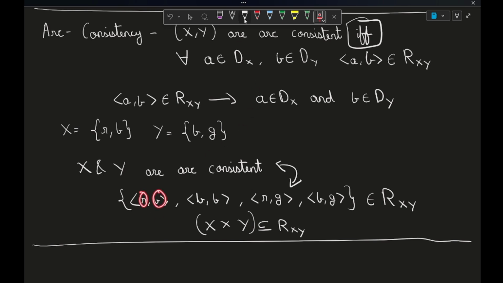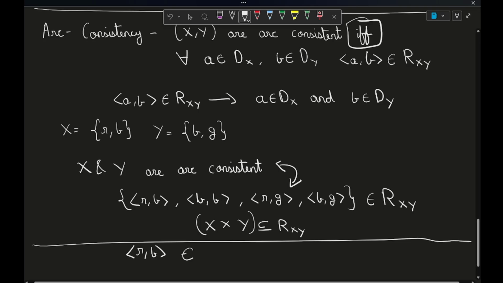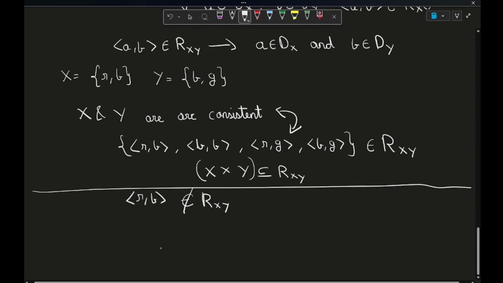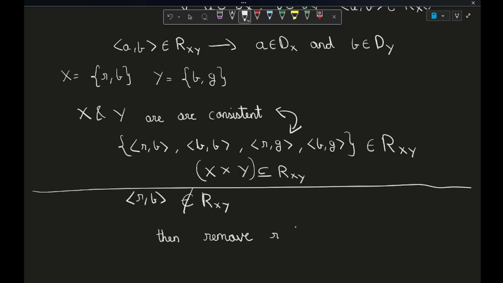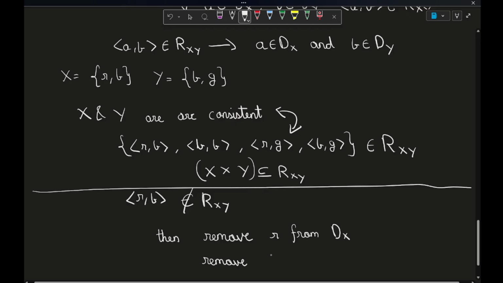Like in this example, if I were to say that RB does not belong to Rxy, then remove R from dx, remove B from dy.